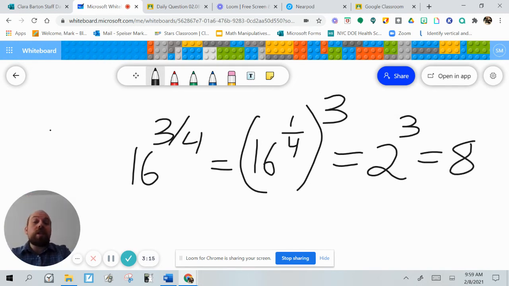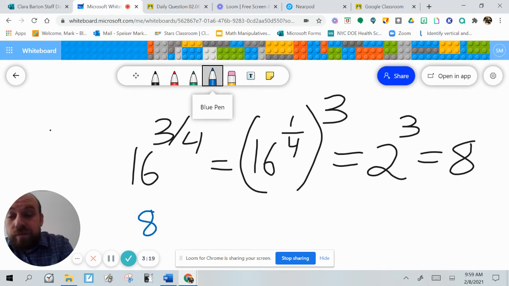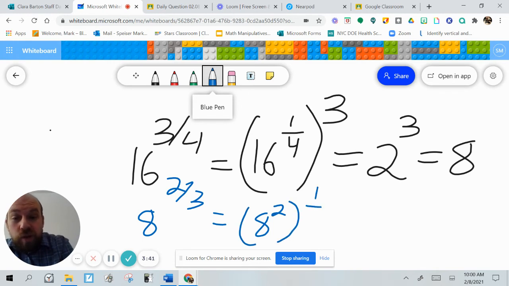You also could do it the reverse way. Say we had 8 to the 3/2 power. That means you could do 8 to the 2/3 power. Don't want to get a decimal yet. So that'll be 8 squared raised to the 1/3.